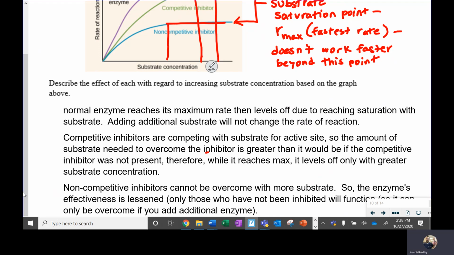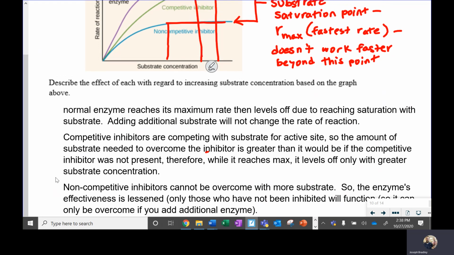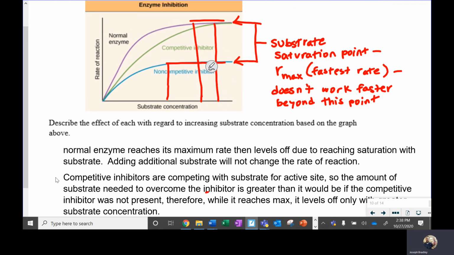Non-competitive inhibitors cannot be overcome with substrate, so an enzyme's effectiveness is lessened. Only those that have not been inhibited will function. It can only be overcome if you add additional enzyme. That's what these graphs are showing you here.